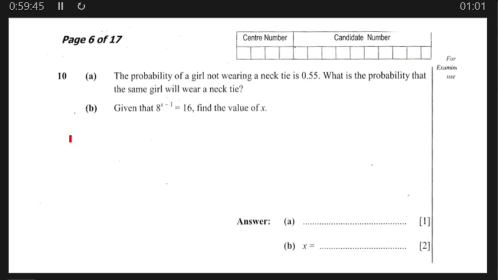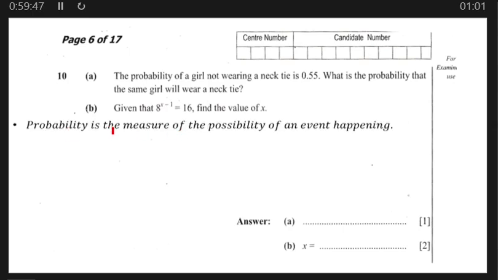So we must understand that probability is the measure of the possibility of an event happening. You get it? The measure of how probable it is that an event can happen.